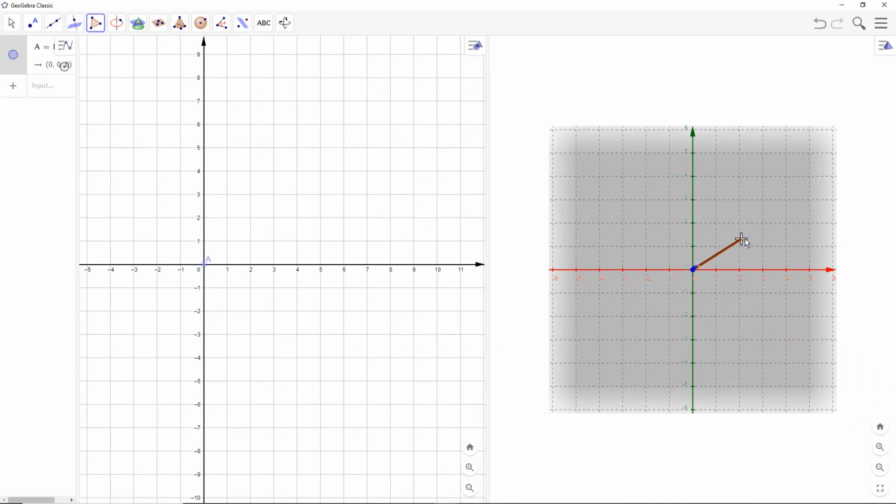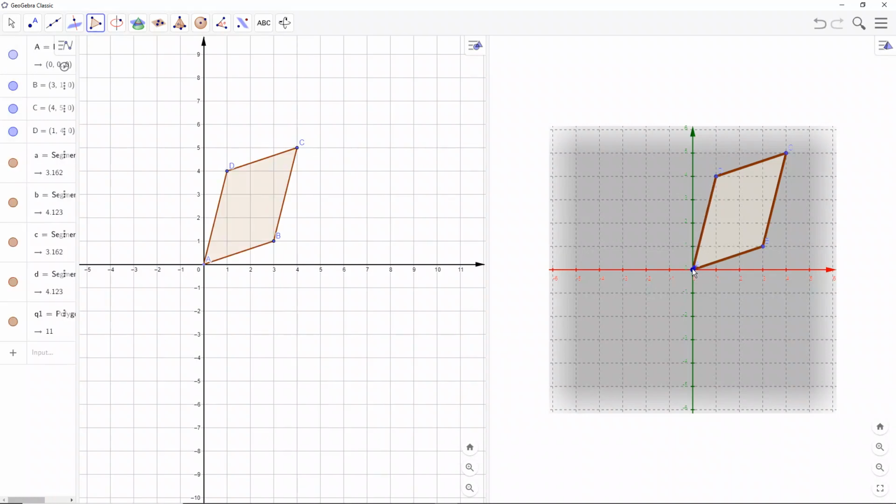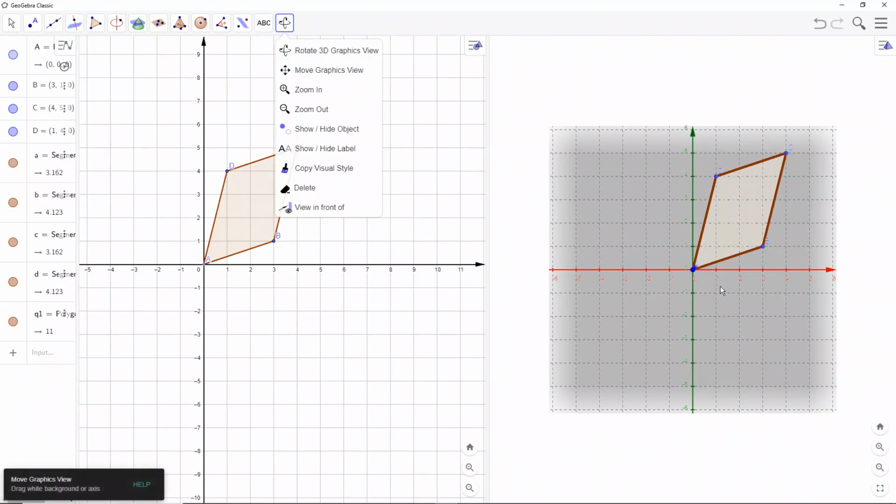Oops, it's very thick, but anyway. I think this is a parallelogram, agree? So that is a parallelogram, but let me go back to space now.